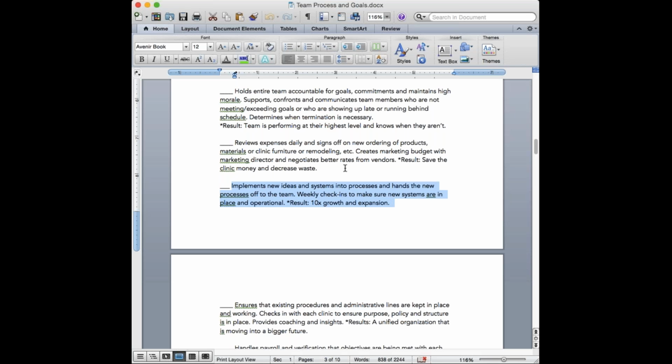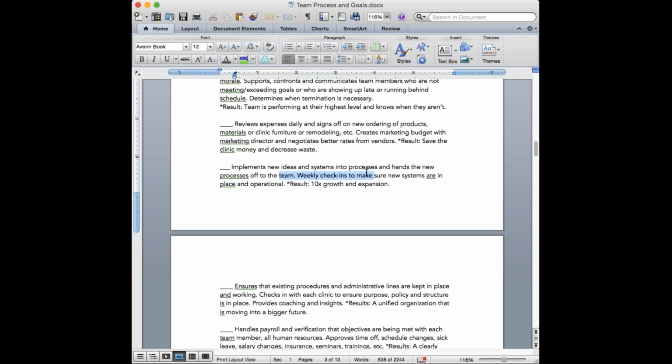So I'm not saying that applies to everyone, but especially if you don't go through it that fast. If it's going to sit on your shelf for longer than 90 days, I would say just order what you need immediately that'll last you the next 60 days or so. All right, so result, you're going to save the clinic money and decrease waste.